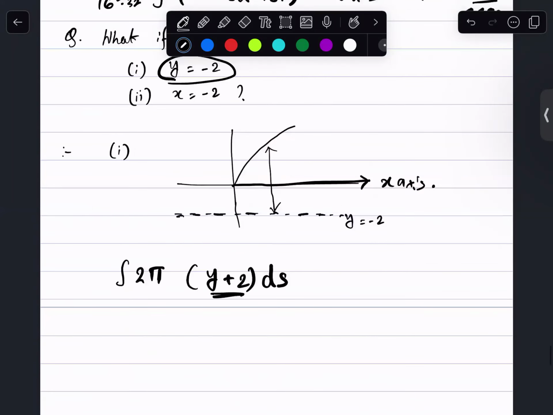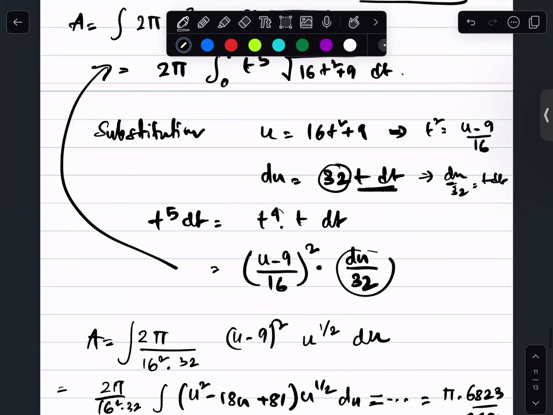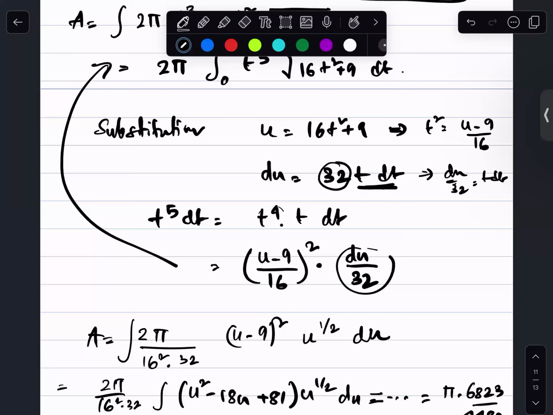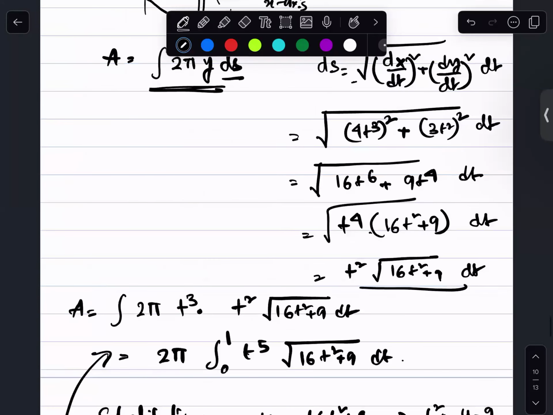Then I can just modify this. I can write the expression for y, which is t cubed plus 2, and ds is the same as before.